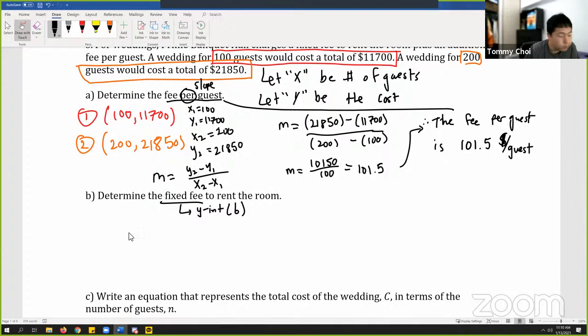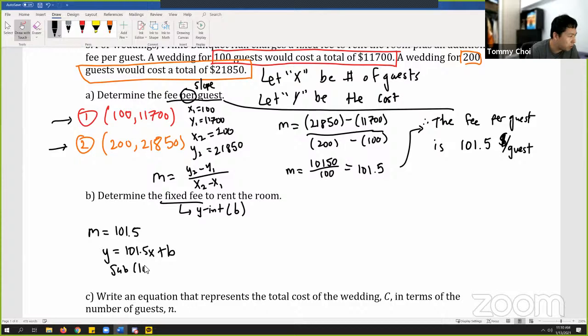So we have our slope. We said our slope was 101.5, so we can plug that into our equation: y is equal to 101.5x plus b. We also have 2 points from our previous question, so we can sub in one of them.